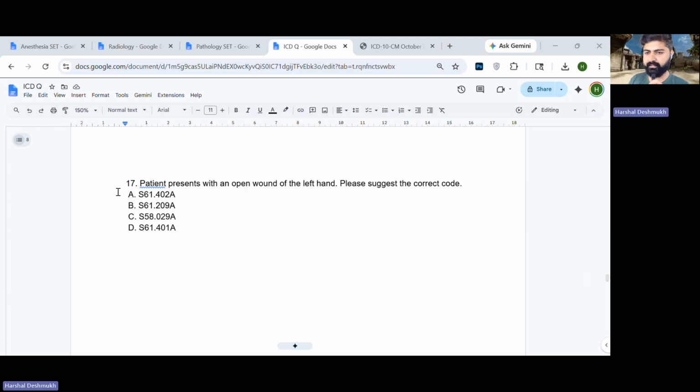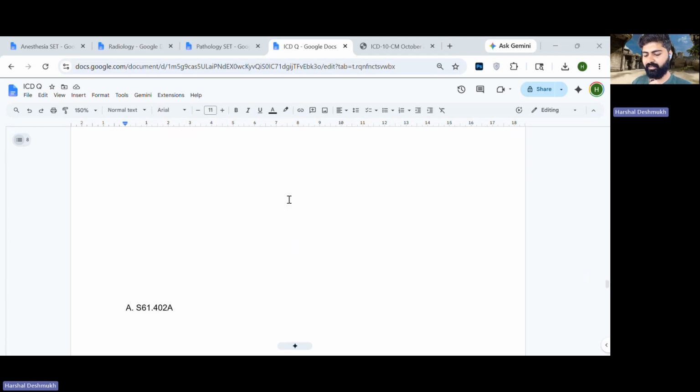Option A, S61402A, is the right answer. It's an open wound on the left hand.